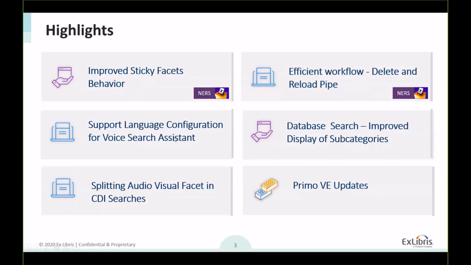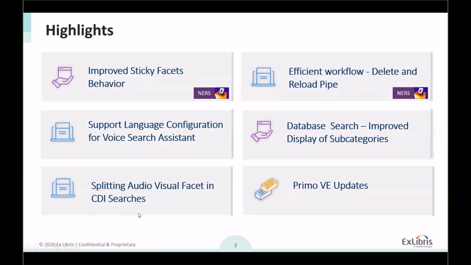Previously we released the voice search system. Now we are enhancing that, providing more options to configure the languages if you want multilingual options, and how to define the languages of the speech in your discovery. I'm going to show you that and which languages are supported. There is also a UX improvement to the database search categories, and in Primo VE it is also going to be available in the journal search.